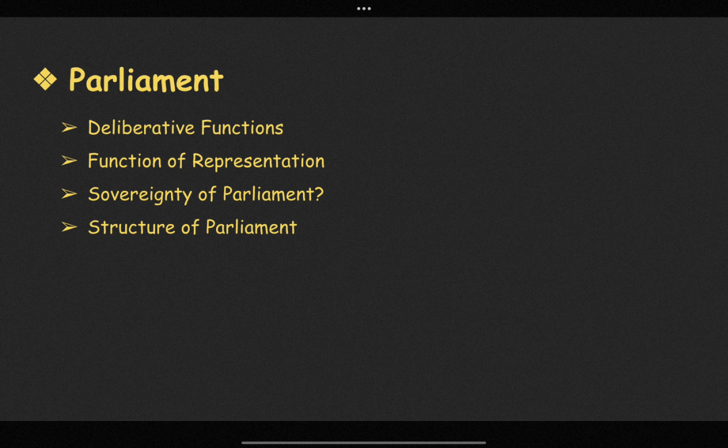The representatives of the states are elected by the elected MLAs of the concerned state by proportional representation with single transferable vote. The term of the members is 6 years, and one-third of the members retire every 2 years, and it is also known as the permanent house. We have taken these from the US Senate.